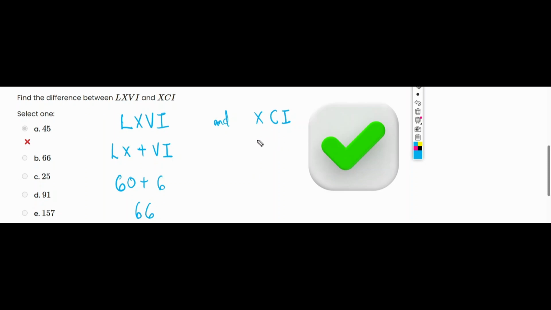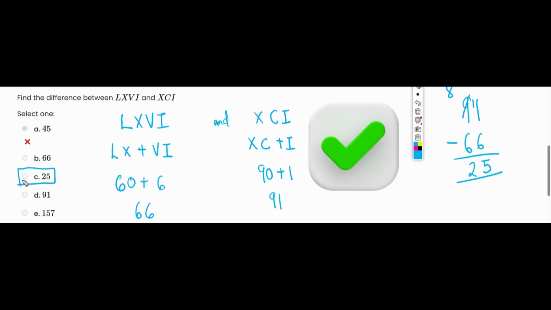And XCI we can break into XC plus I, giving us 90 plus 1, 91. So the difference is 91 minus 66. You can borrow 1 from 9, giving us 8, and 11. 11 minus 6 is 5, and 8 minus 6 is 2. So the correct option is supposed to be C.